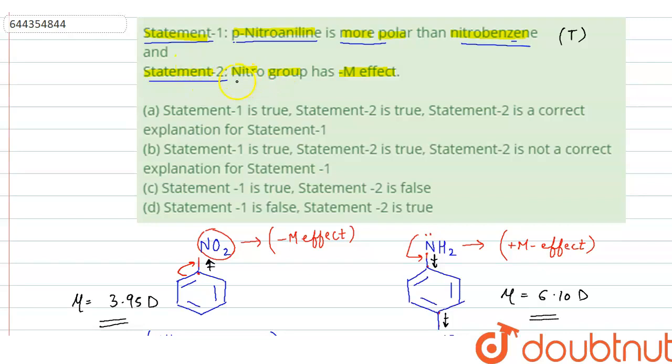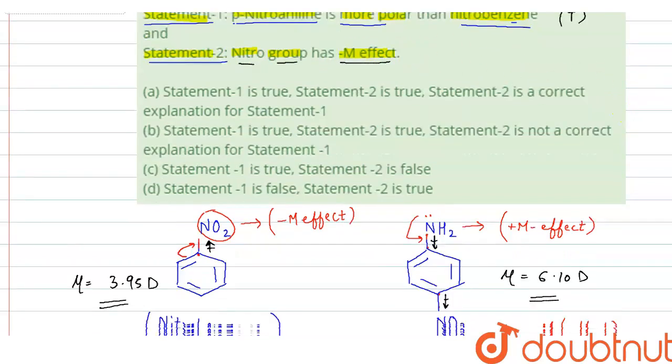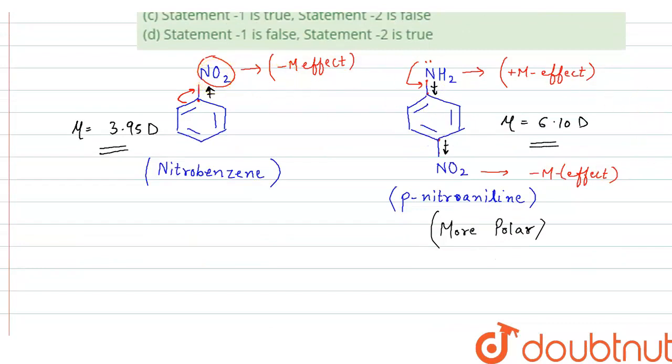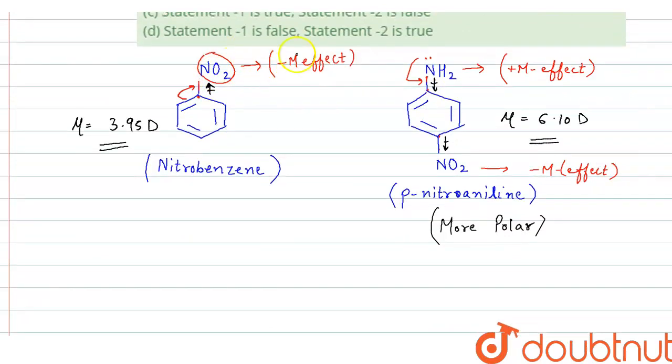Then in the second statement, it is given nitro group has minus M effect. So this is true. NO2 shows minus M effect. Minus M means minus R effect. Now let us see the resonating structures. We have a benzene ring, and here we have nitro group, which can be written as N double bond O, right?